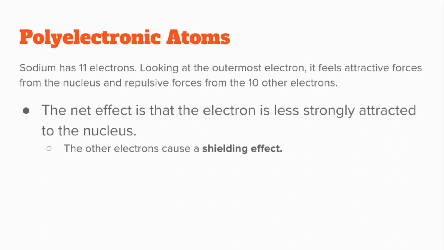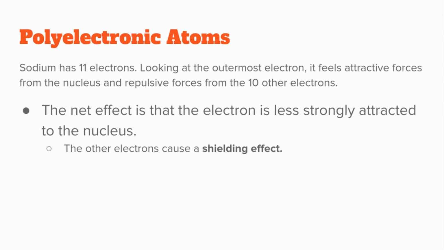So for example, sodium has 11 electrons. If we're looking at its outermost electron, the one that's furthest away from the nucleus, it feels a force of attraction from the protons in the nucleus, but it also feels a force of repulsion from the 10 other electrons. And so the net result is that that electron is less strongly attracted to the nucleus than any of the other electrons in the atom.